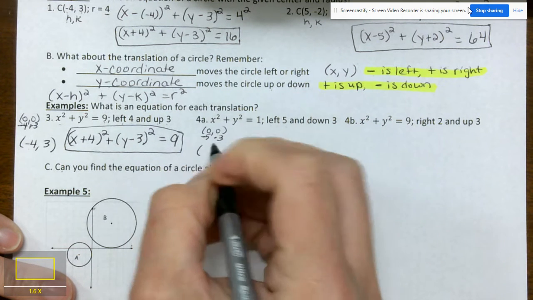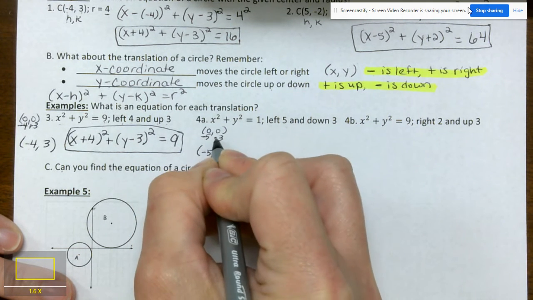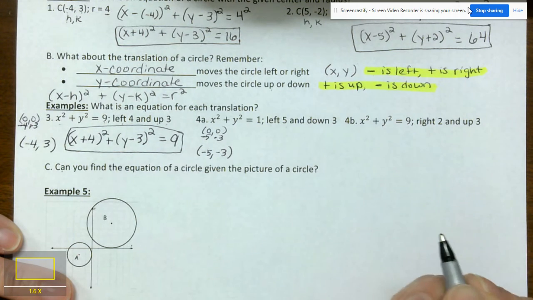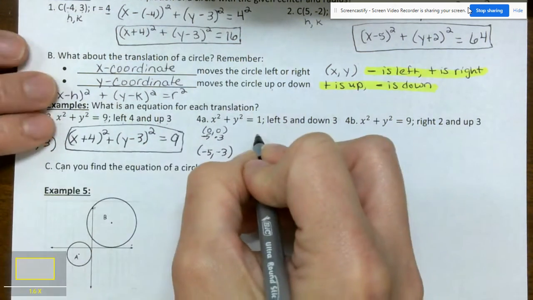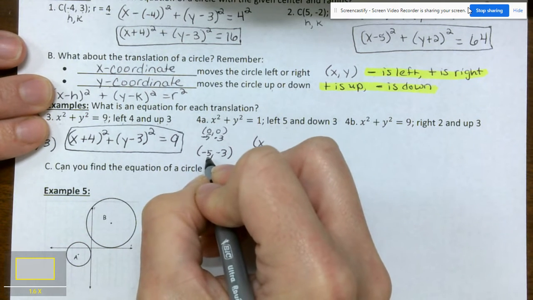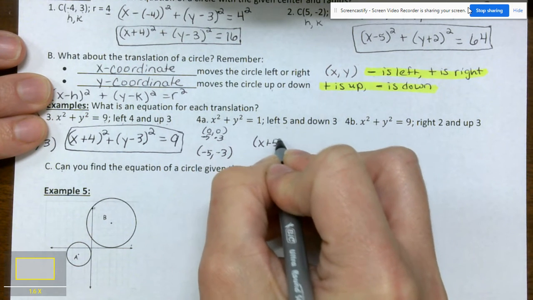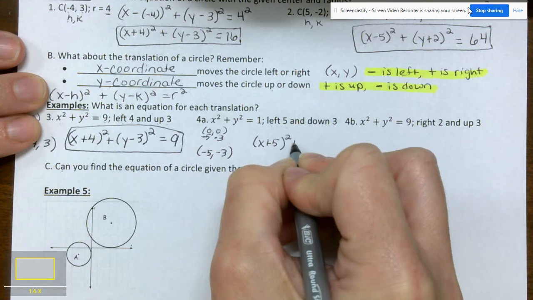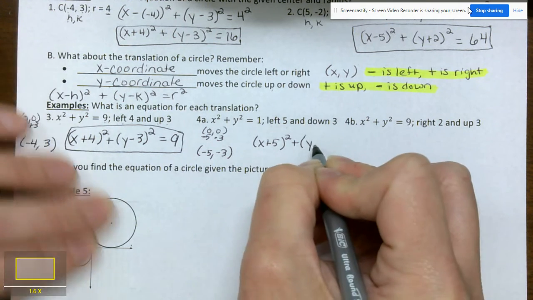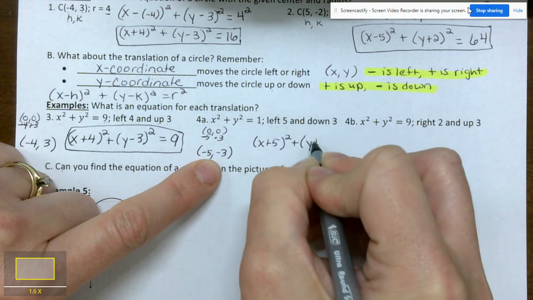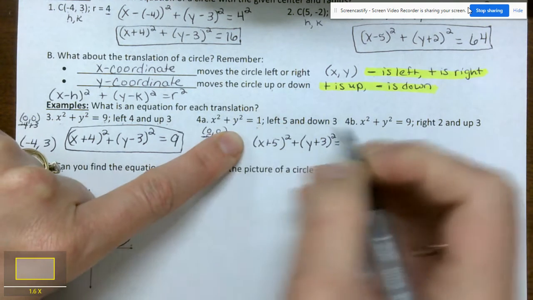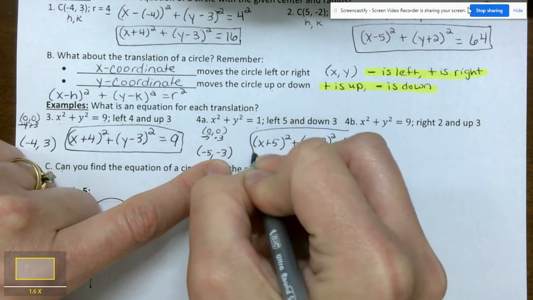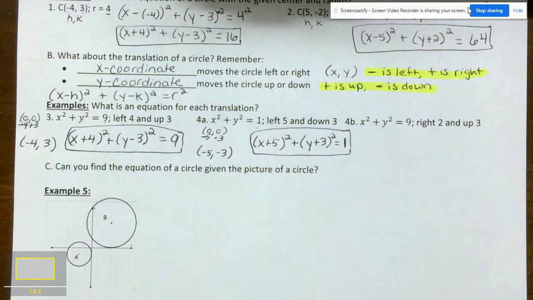So 0 minus 5 is negative 5, and 0 minus 3 is negative 3. When we put that into our equation, that's x minus a negative would be plus 5 squared plus y minus a negative, again, would be plus 3 squared, and that equals your 1 that you've already got. So this would be our final answer for 4A.